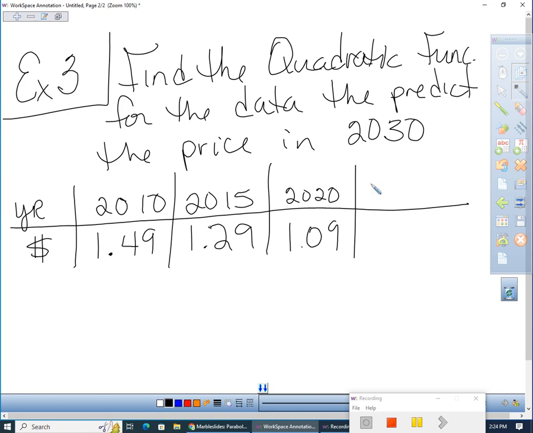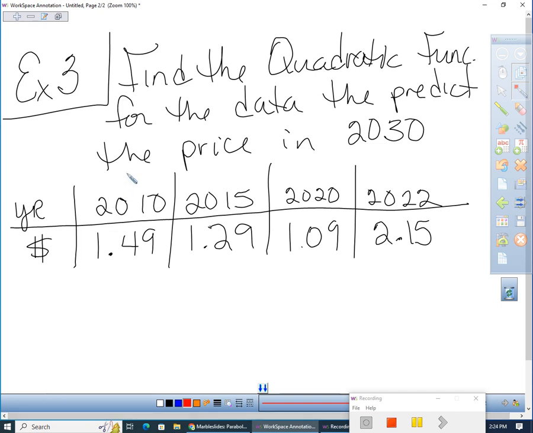So then let's go 2022. Right now it's what, $2.15? All right. So here are our 4 points. Now, first of all, one of the reasons I wanted to do this problem is to remind you, when we did it with linear, what was special about the years when we put them in.